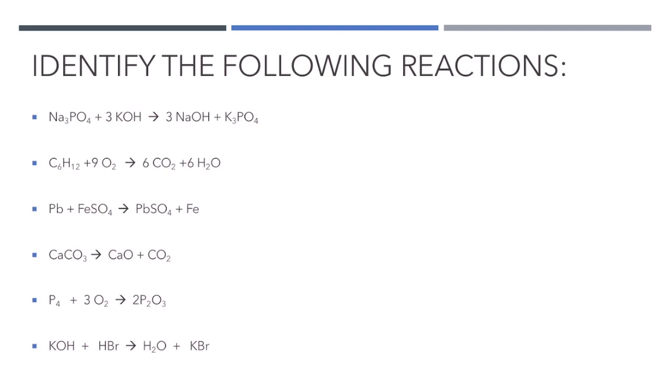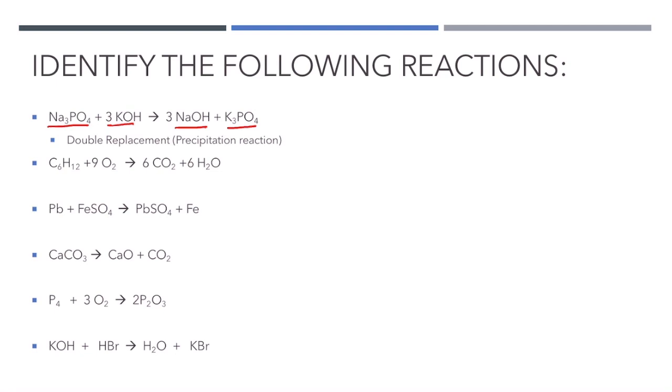This first reaction right here is going to be double replacement. And so we've got two compounds on the reactant side and two new compounds on the product side. So that's our first giveaway that it's going to be double replacement, because we've got four different compounds. Let's see if we can identify which type of double replacement it's going to be.